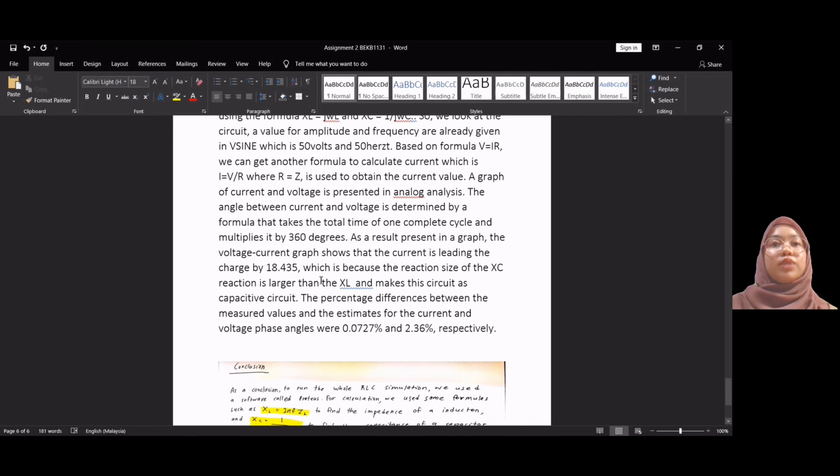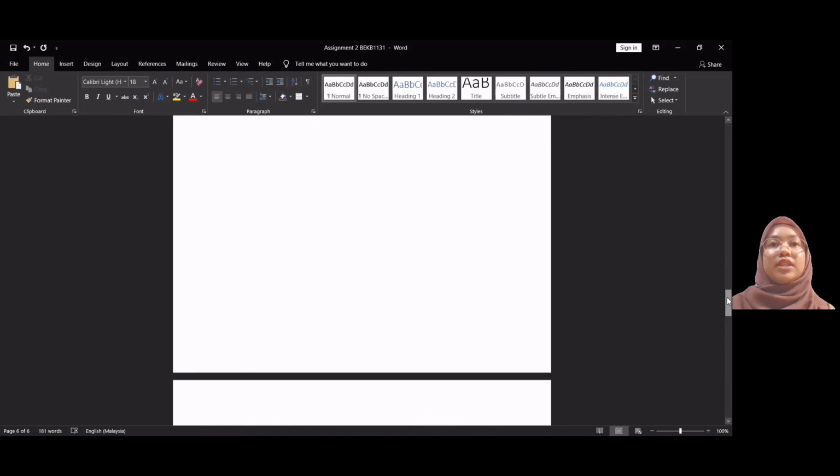Which is because the reactance of XC is larger than XL and makes this circuit a capacitive circuit. The percentage differences between the measured values and the estimates for the current and voltage phase angles were 0.027% and 2.36% respectively, which is this one.